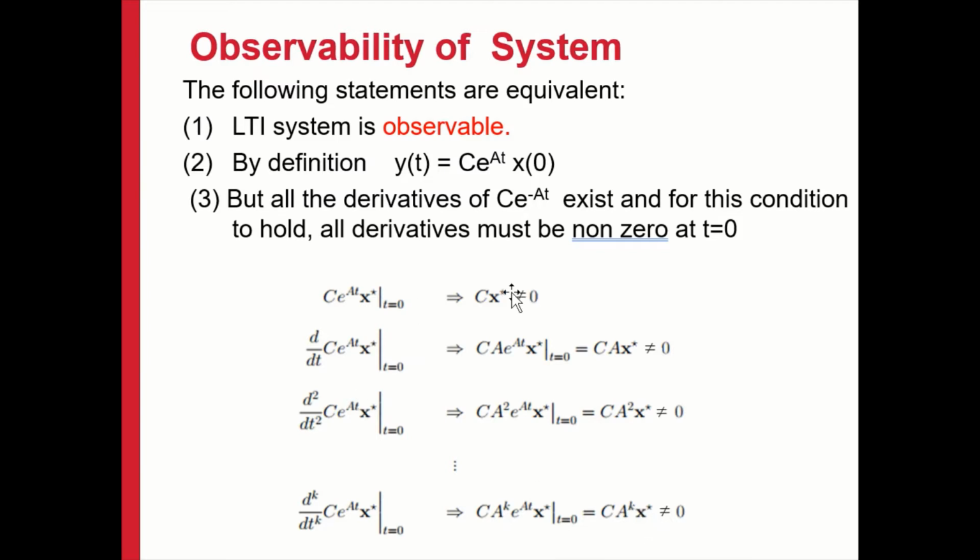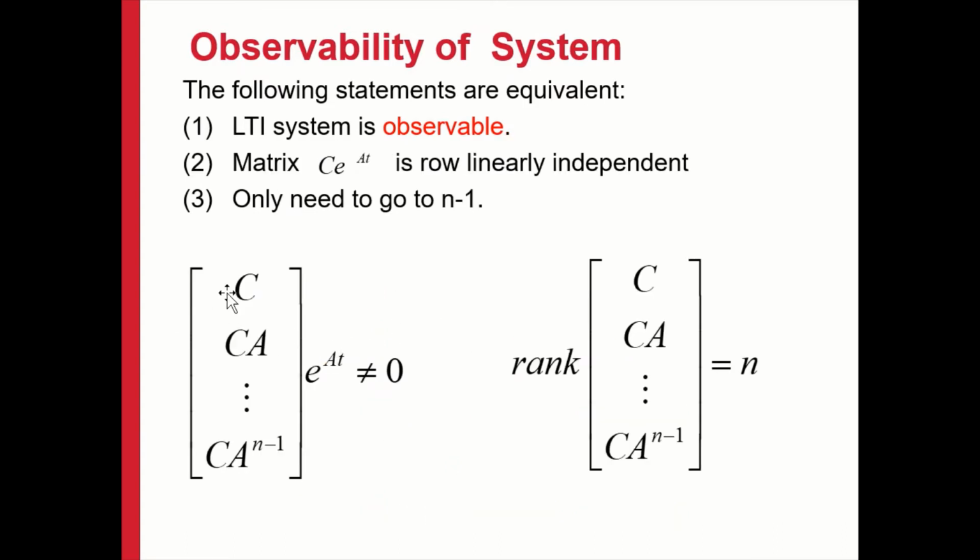So now, in order for the system to be observable, we have to have n non-zero values. So if we collect these up into a matrix, we've got the C, that gives us 1, so we don't need to go all the way to n, we can go to n minus 1.